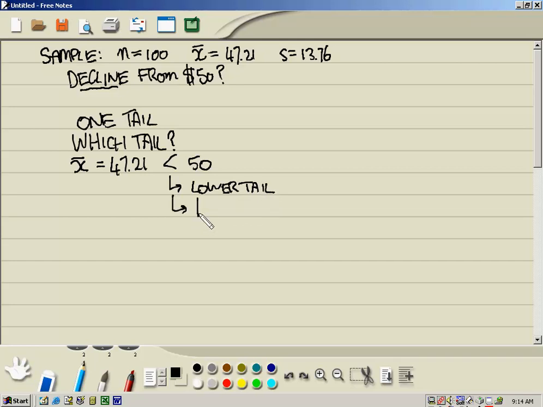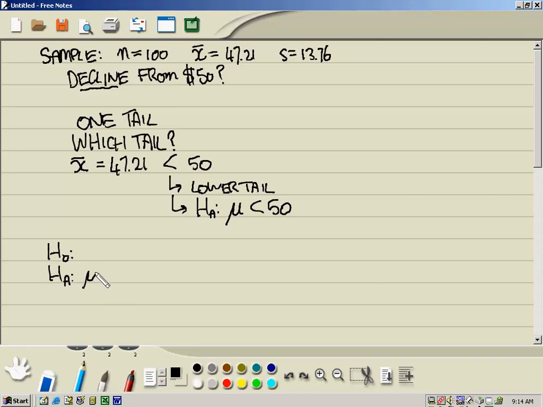And the alternate, as with all one-tailed tests, will follow whatever happens in the sample. So in the sample we have X bar less than 50. In the alternate we have the population equivalent of that, with the true average mu being less than 50. Now we're ready to write down our hypotheses and put quick interpretations there, which will help us when we do our decision rule and decision.